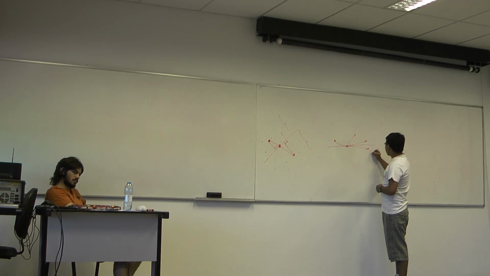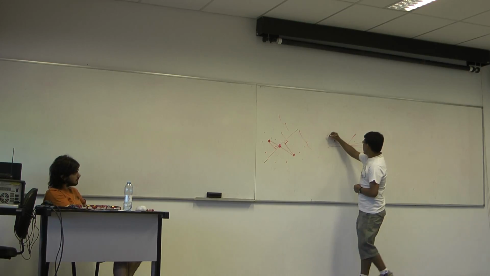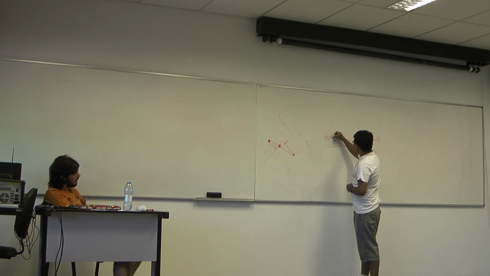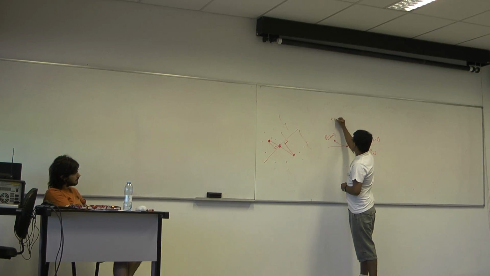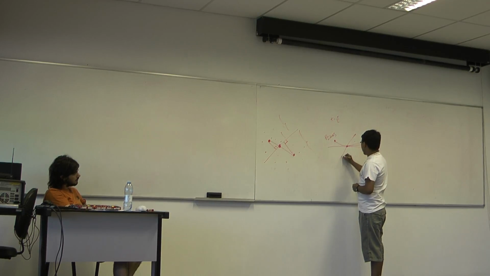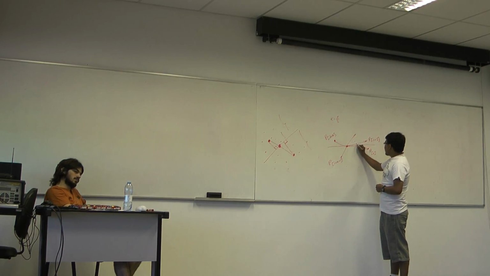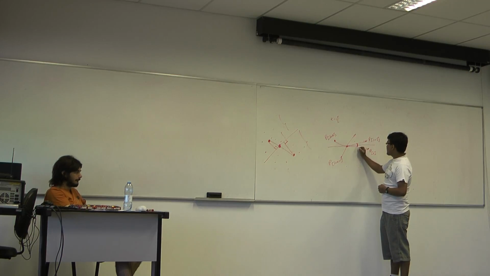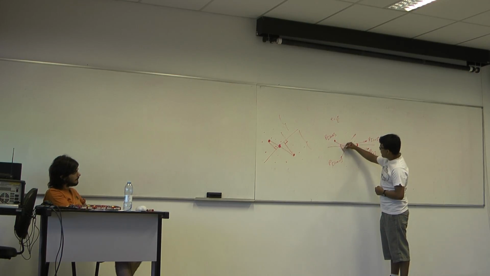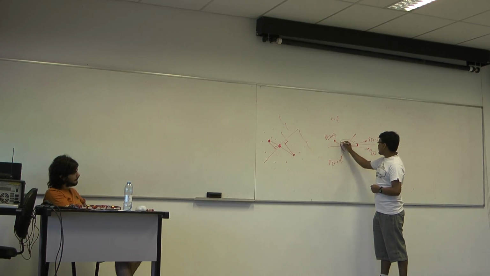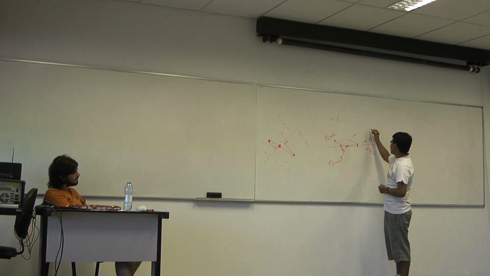If it's point i plus 1, up to i plus k, we need only that this angle is not 0, this angle is not 0, and this angle is smaller than pi, and also for this angle.